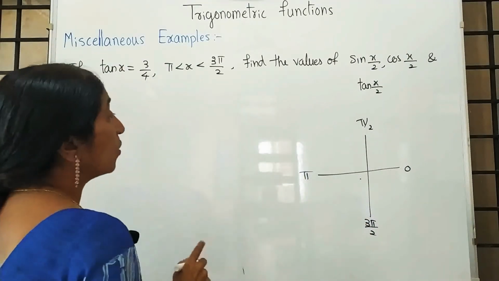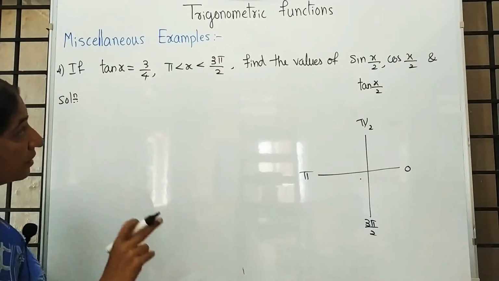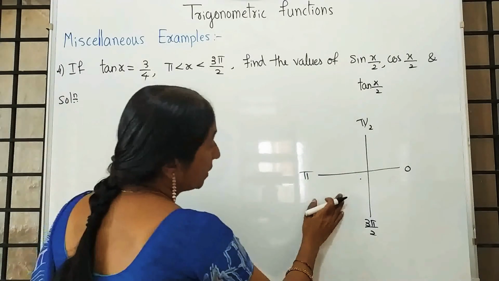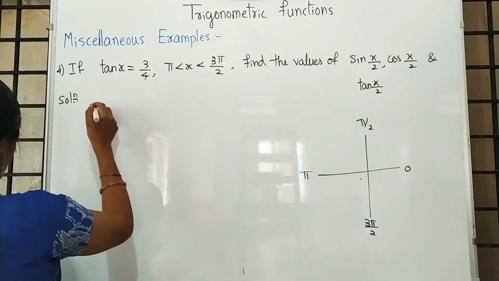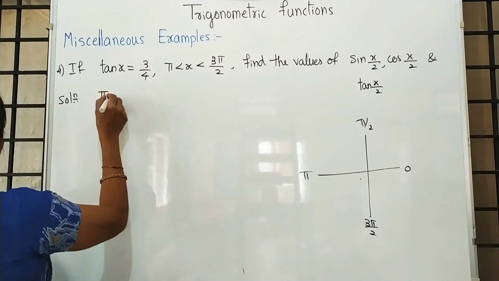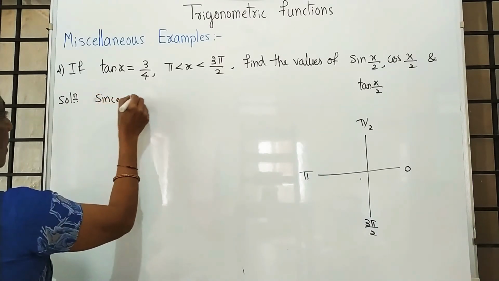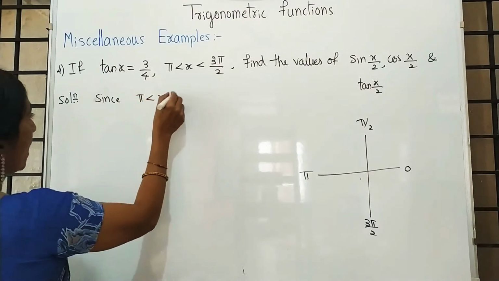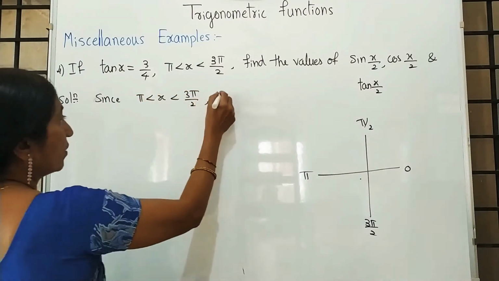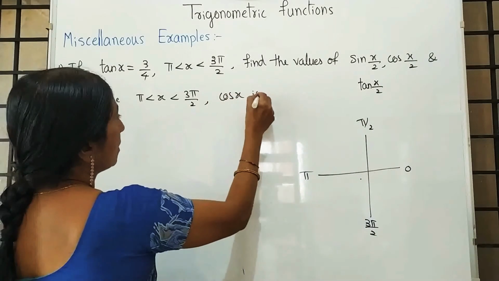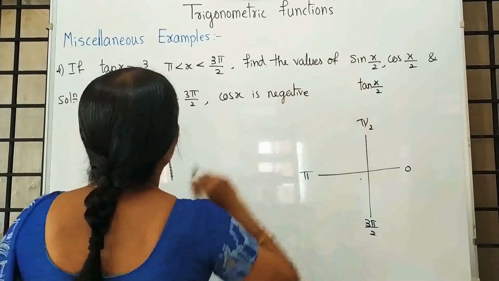In the third quadrant, which one is positive and which one is negative? In the third quadrant, cos is negative. Since x lying between pi and 3 pi by 2, therefore cos x is negative, but we require the half angle.